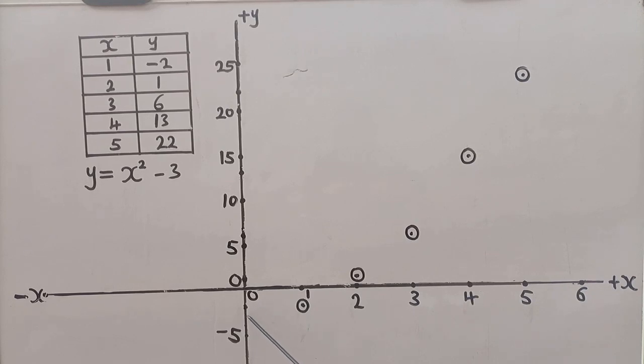Midway is -2.5. Therefore, a short distance before the midway corresponds to -2. Therefore, this point is -2. Therefore, -2 for y is paired with 1 for x. The two of them met here. When 1 comes out and -2 comes out, the two of them meet here. That is how we got this first point of intersection.